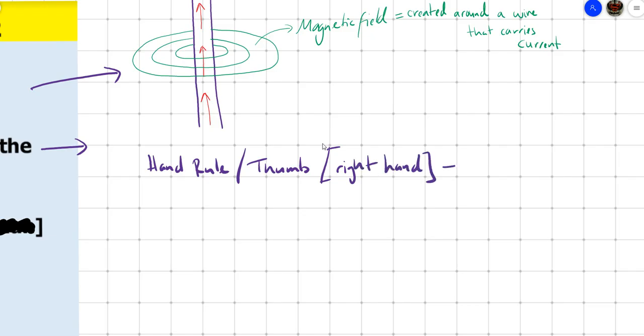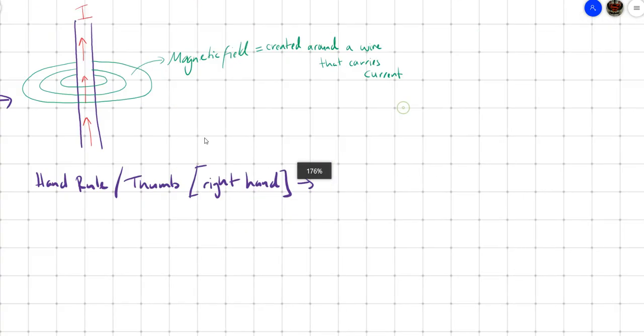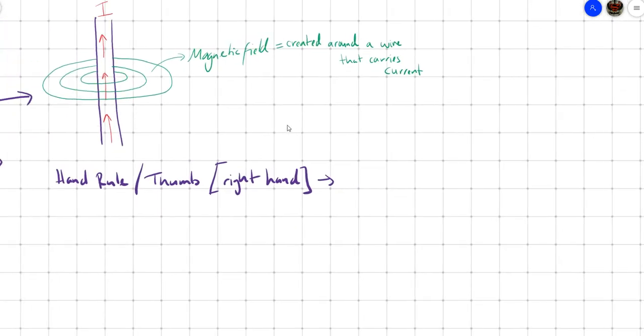Let me show you. You've got your thumb. The thumb shows the direction of current.